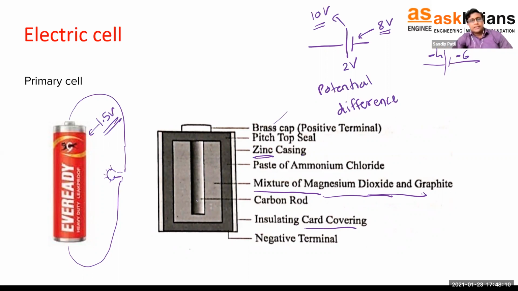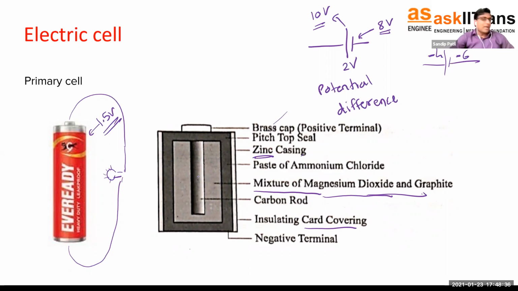There is a deficiency of negative charge, which becomes a positive charge. Why are we saying deficiency of negative charge? We know that the positive charge will not flow. Who is going to flow? The negative charge is going to flow. So there is a deficiency of electrons in the carbon rod, therefore we can say it is positive and the other one is negative.